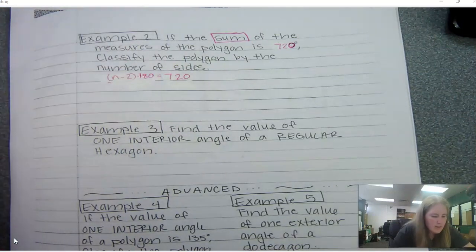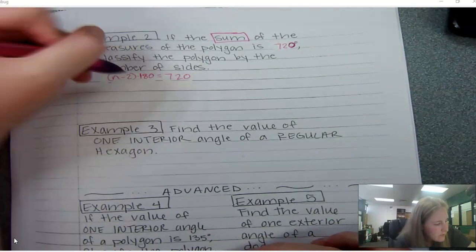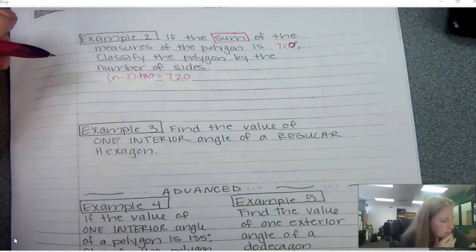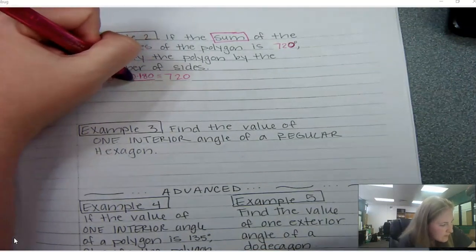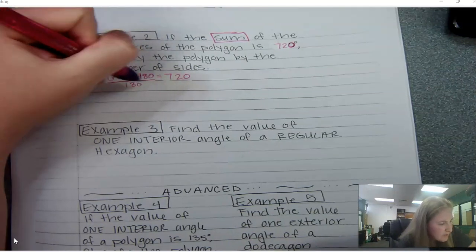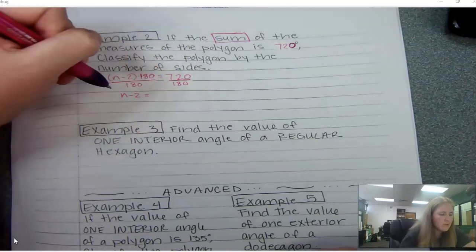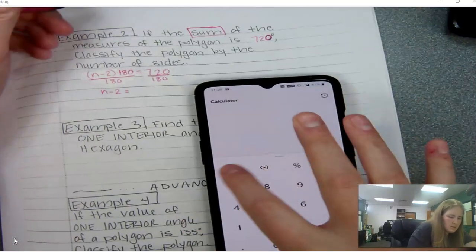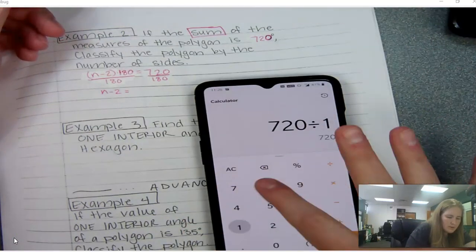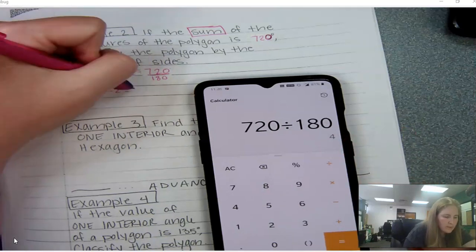To get n all by itself, we want to divide by 180 on both sides. So n minus 2 is going to equal 720 divided by 180, so 4.